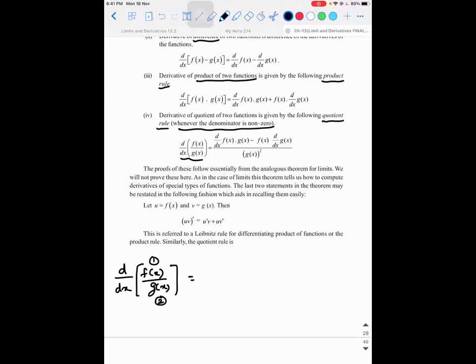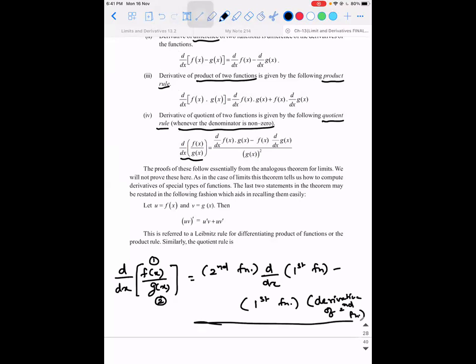One minute, guys. Listen. So it is like this: second function into derivative of first function, minus first function into derivative of second function, the whole divided by second function square.